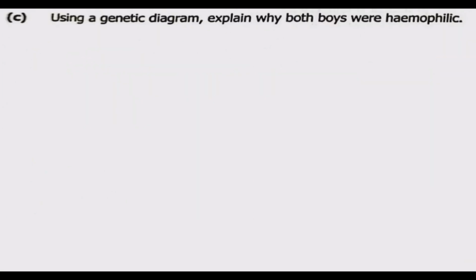Now we come to question 5c. Like I said earlier, you write the genotype of the mother and the father on paper, because we're going to use that information in this question. I hope you did as I advised.